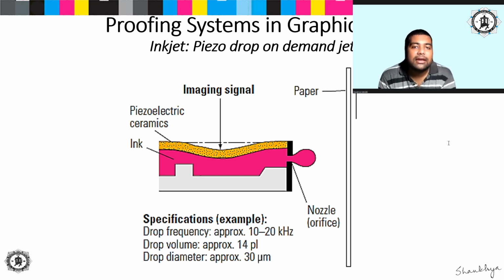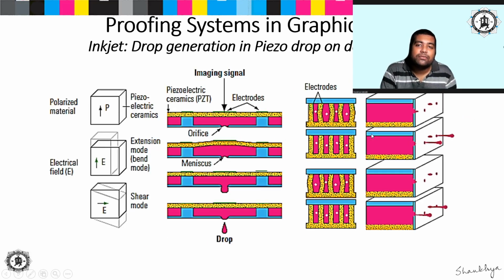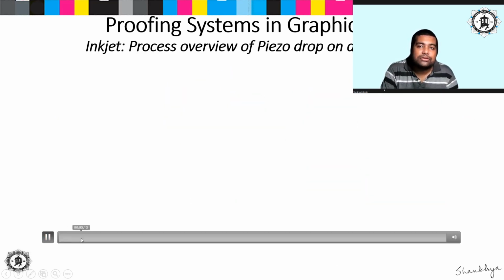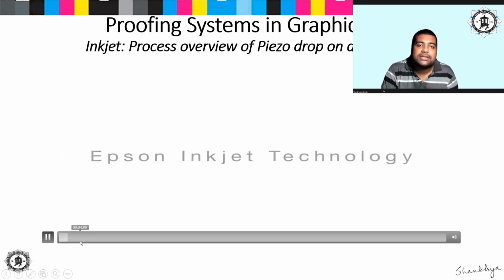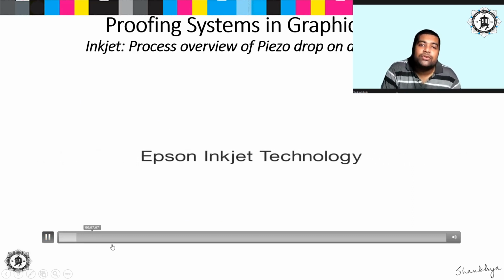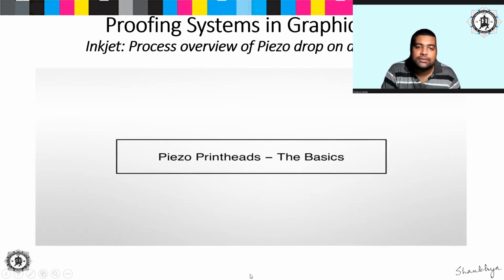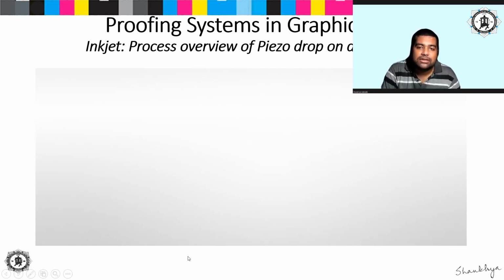On the other hand, thermal printers have lower cost and smaller print heads that allow more easily building color and portable printers. So let us also see one of the videos that I have, which basically describes the process overview of the piezo drop-on-demand inkjet technology, right? So let us see what it is.